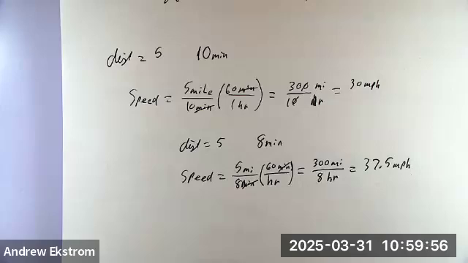Anyone ever try to drive that fast on a residential street? Yeah. So you can't do that. If we say cut the amount of time it's going to take me from 10 minutes to 5 minutes, we double that speed to 60.